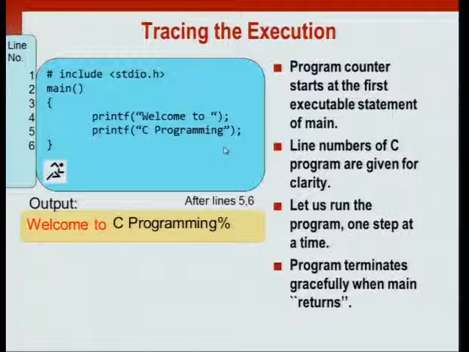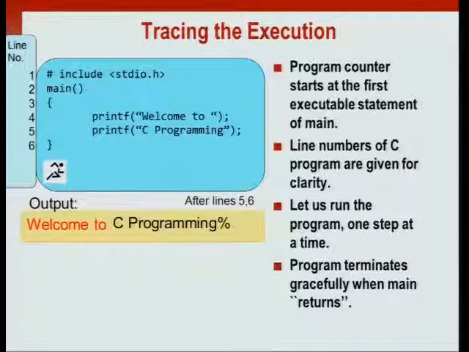After the next line executes, it will print C programming %. I've given this in two different colors to highlight that one was printed by the first line and the other was printed by the second line. Otherwise the colors have no special meaning. The program terminates when main finishes execution, and this is what is typically known as returning from the function. Okay. We will see this terminology later in the course.